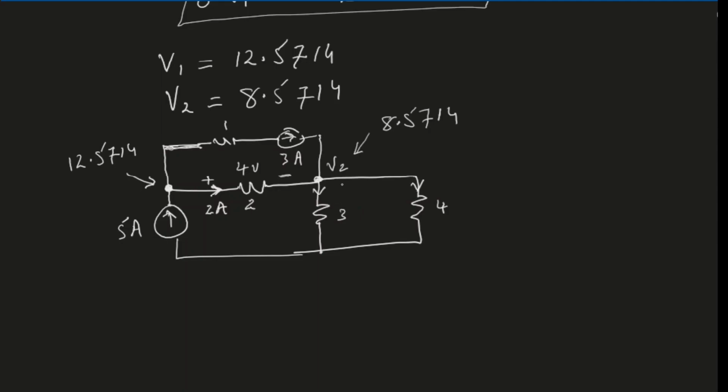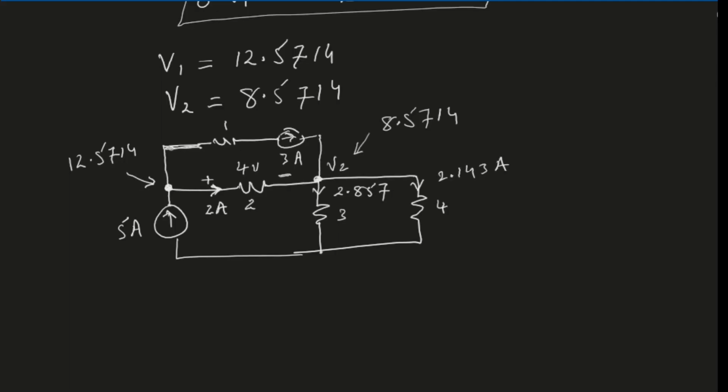Through the 3 ohm resistor, we will have V2 divided by 3 ohms, and that gives me a current of 2.857 ampere. The current through the 4 ohm resistor will be V2 divided by 4 ohms, and that is 2.143 amperes.